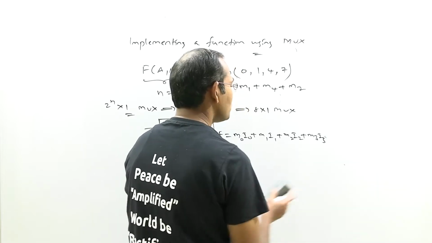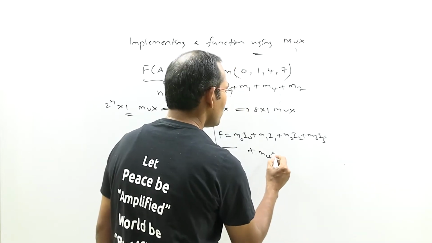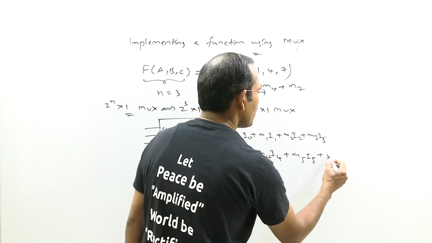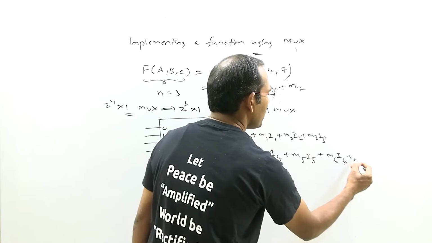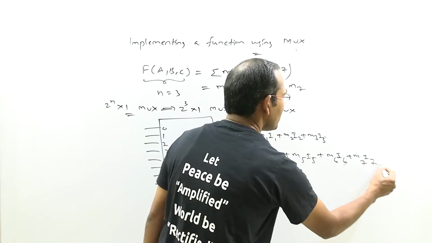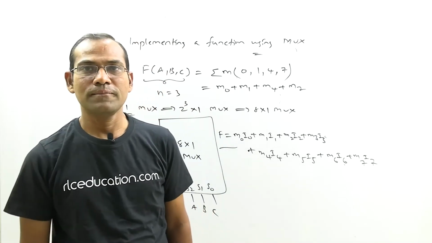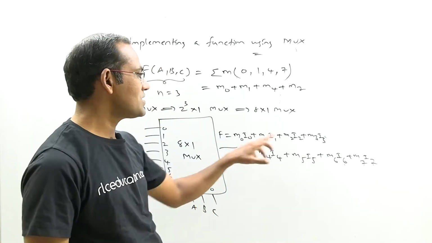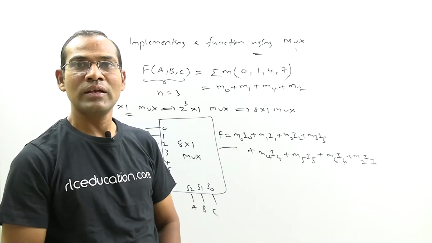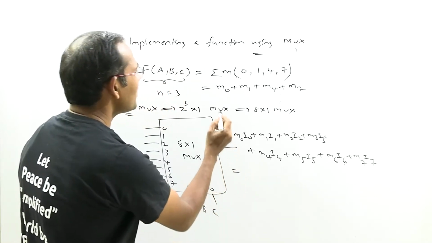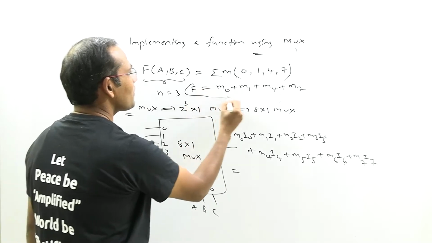Minterm 4 into input 4. Always multiply minterm and input and add those products. If it is an 8 by 1 mux, this is the exact expression. If you observe carefully, this is the expression I want.